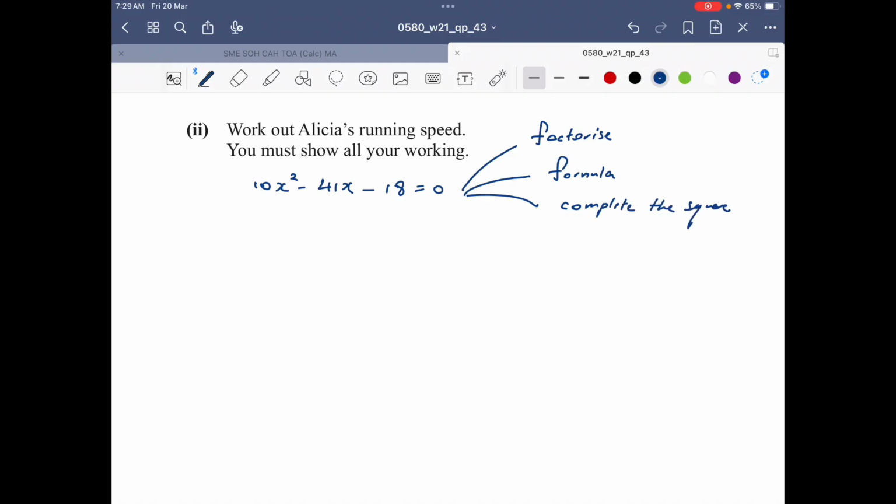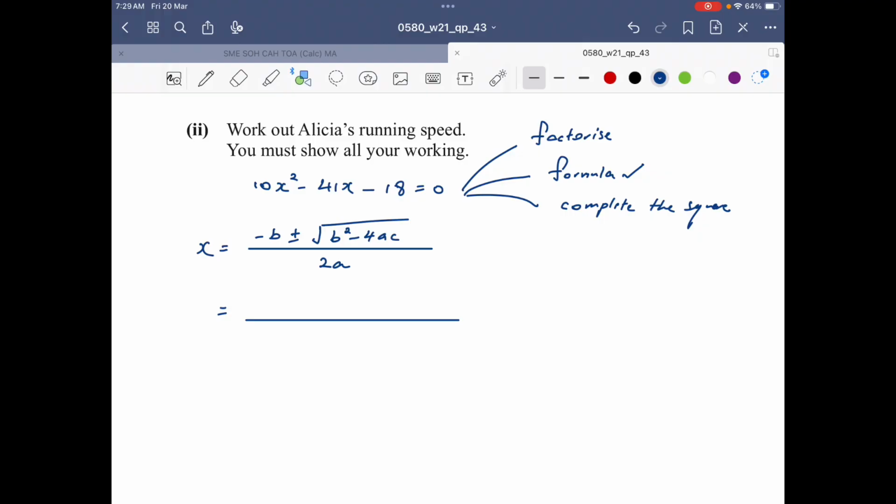In this case, let's use the formula since this is paper 4. Okay, this is a paper 4 calculator paper. So we can use the formula to solve the problem. So if you look at the formula, x equals minus b plus minus the square root of b squared minus 4ac, over 2a. a, b, c are the coefficients of x squared, x and the constant.